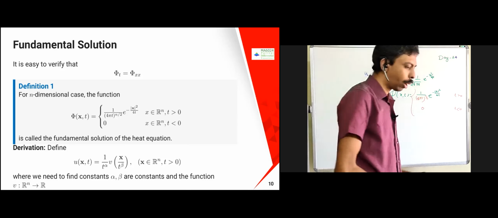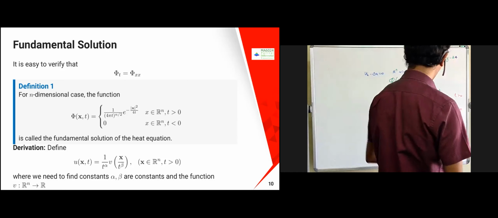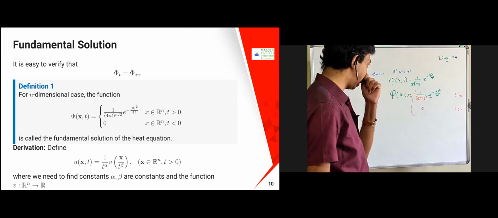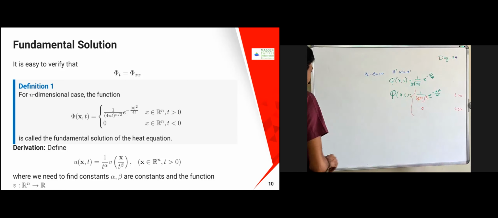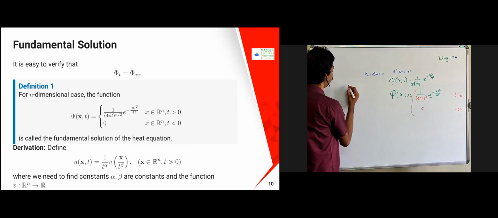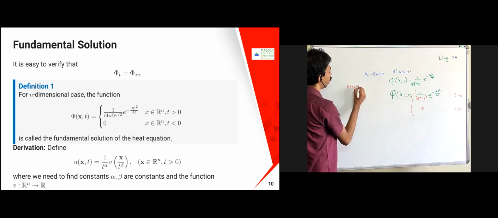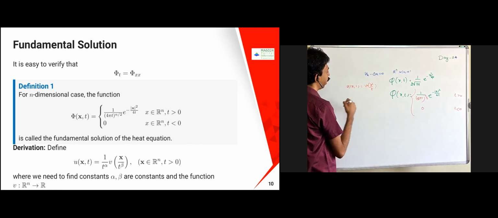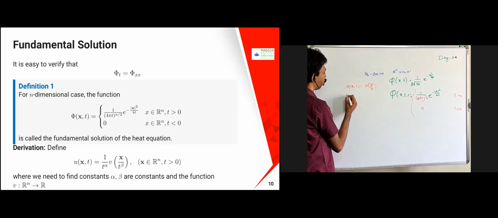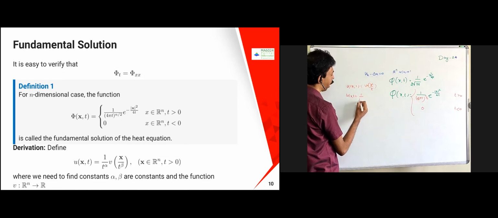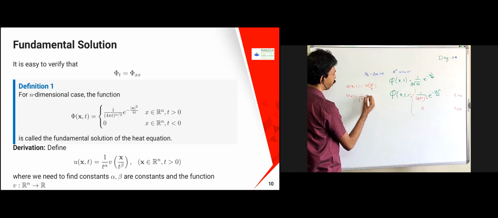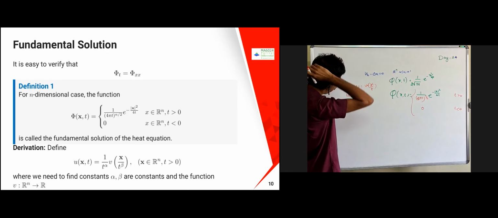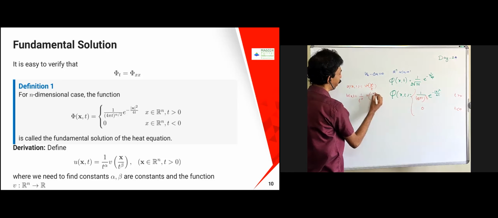Now we are going to derive this one. In the previous one, what I had taken was u of x comma t is equal to v of x square by t. Now for this one, I am going to take u of x comma t is equal to 1 by t power alpha, v of x by t power beta.